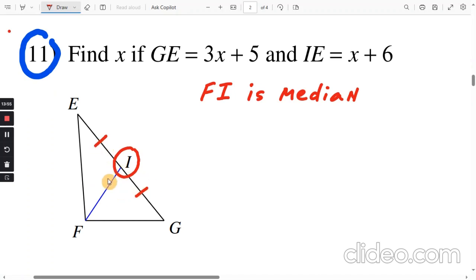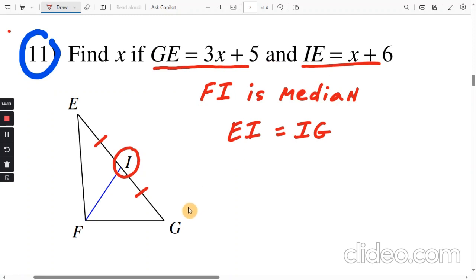Remember, the midpoint is surrounded by congruent segments. EI equals IG. Now here we're given GE and IE. So we need a relationship between GE, the whole thing, and IE, which is just half of the whole thing.